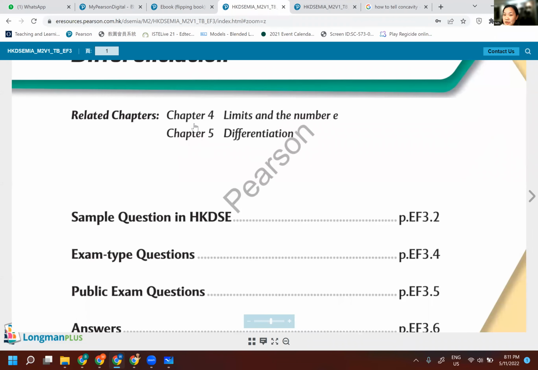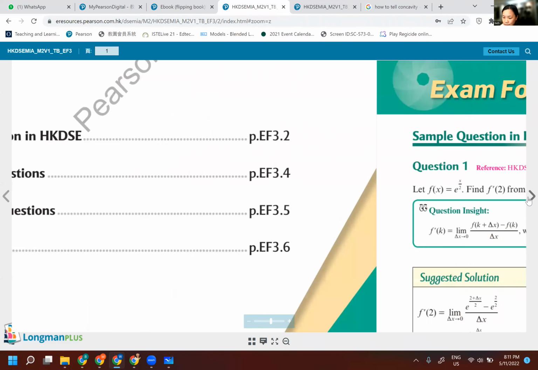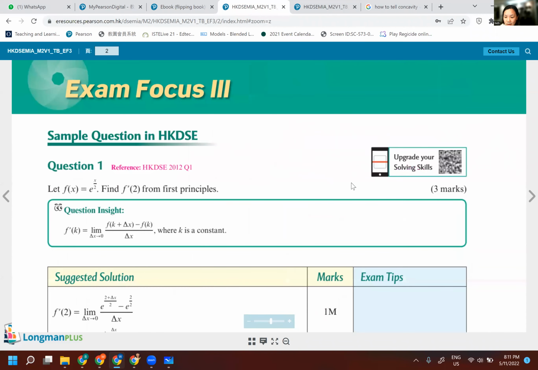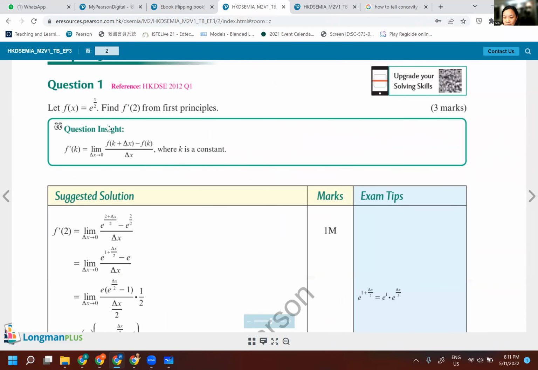So today, the first half of the lesson. There are 2 examples in this chapter. One example is first principle, find a derivative. Now, I think I have touched on this topic a lot, so I'll leave this to you. You can read it and then do the exercise.